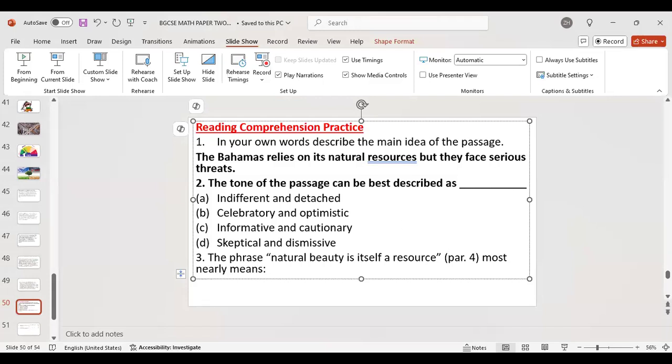When they say natural beauty itself is a resource, what does that mean? I think it means that you can benefit from it due to it being natural. I think it means you don't have to do anything to it. It's beautiful all on its own.